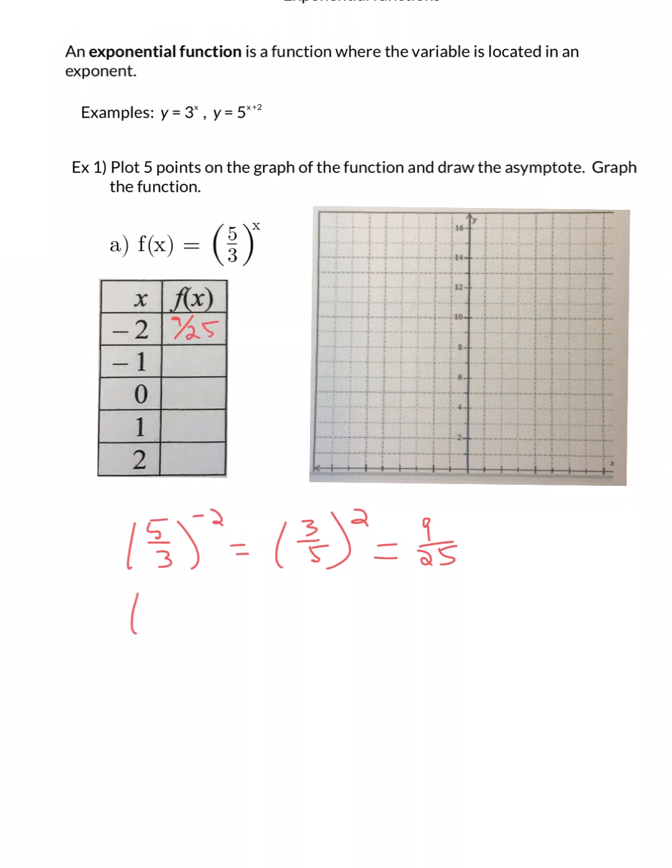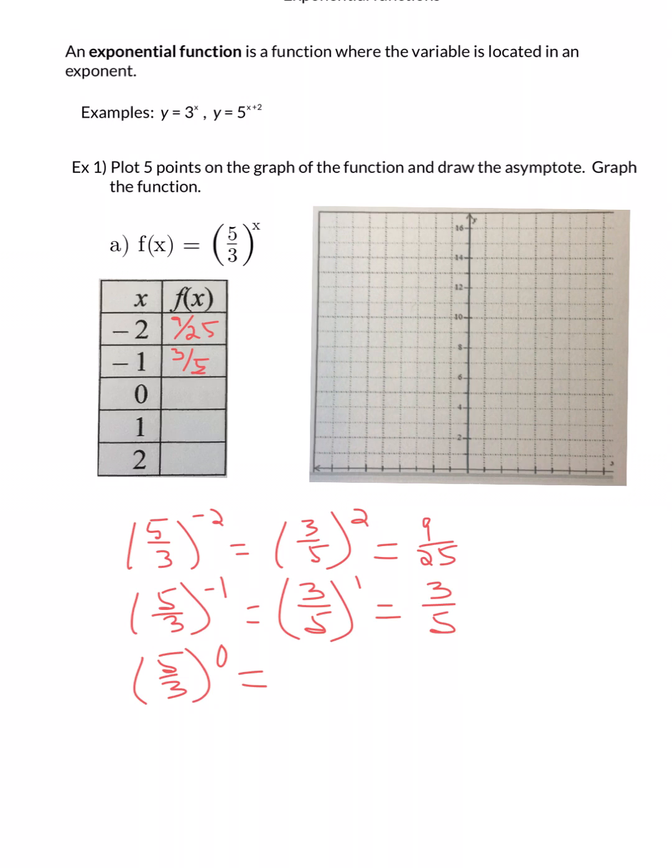Put in -1. 5/3 to the -1 is the same thing as 3/5 to the +1, which is just 3/5. So the answer for -1 is 3/5. For 0, 5/3 to the 0.